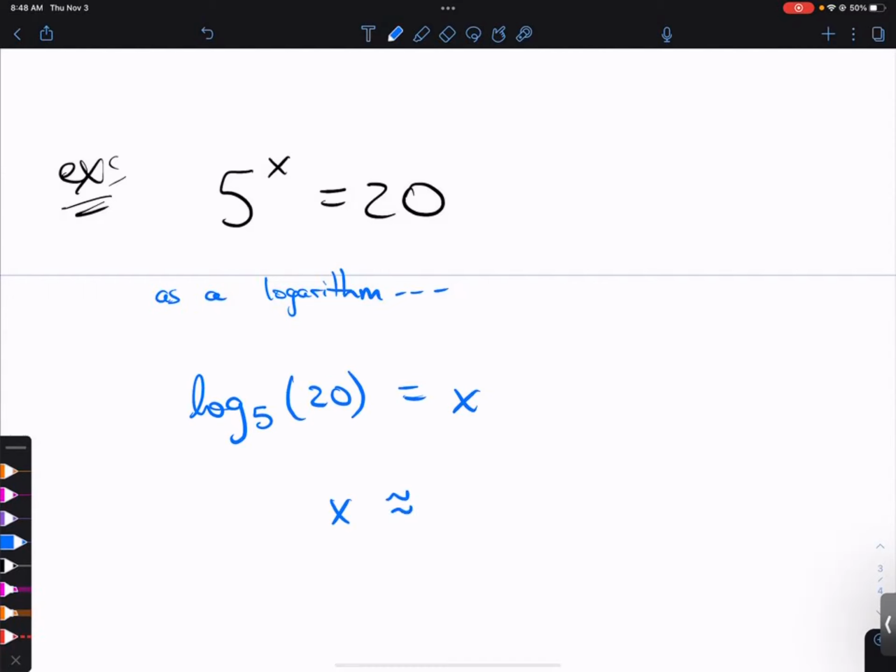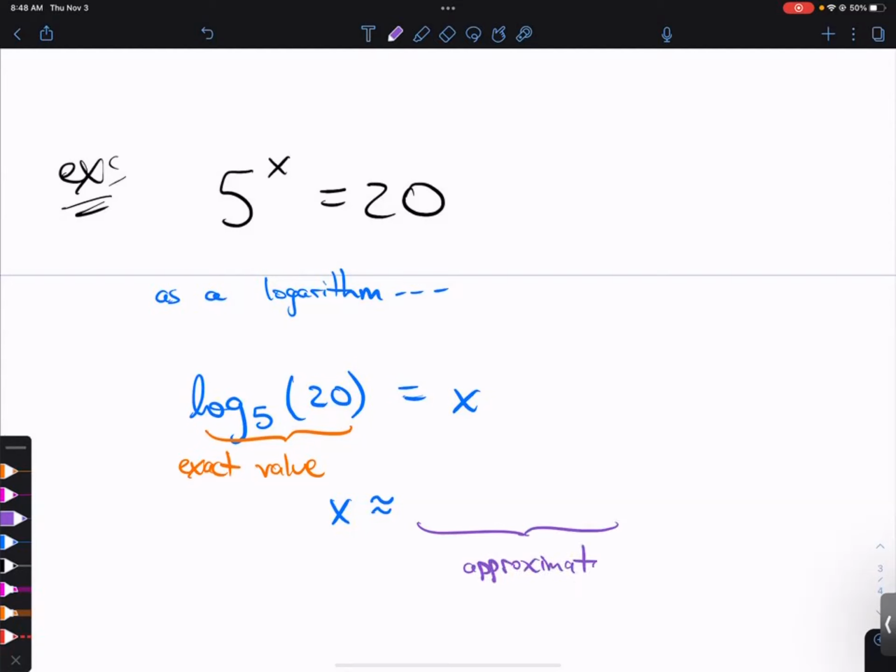Let's go ahead and get an approximation for it. So do the log base 5 of 20 in your calculator and get a decimal for it. Again, this would be an exact value. When you go to the calculator, you're getting an approximation.